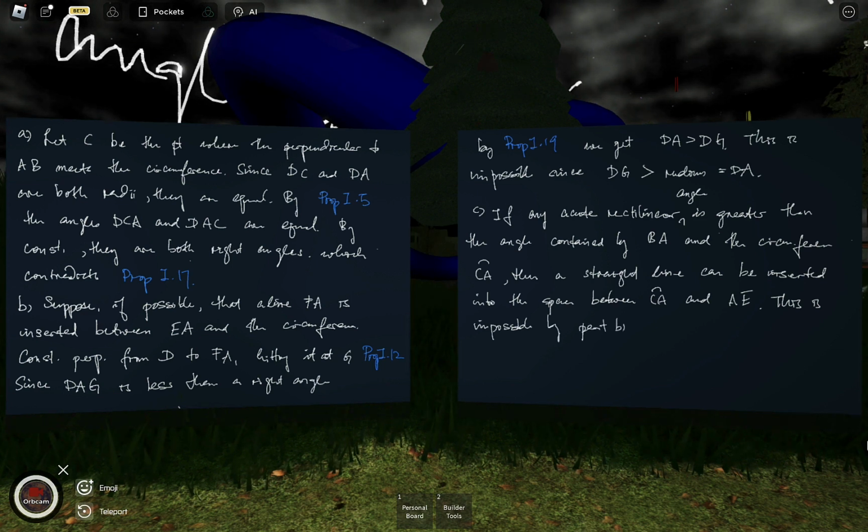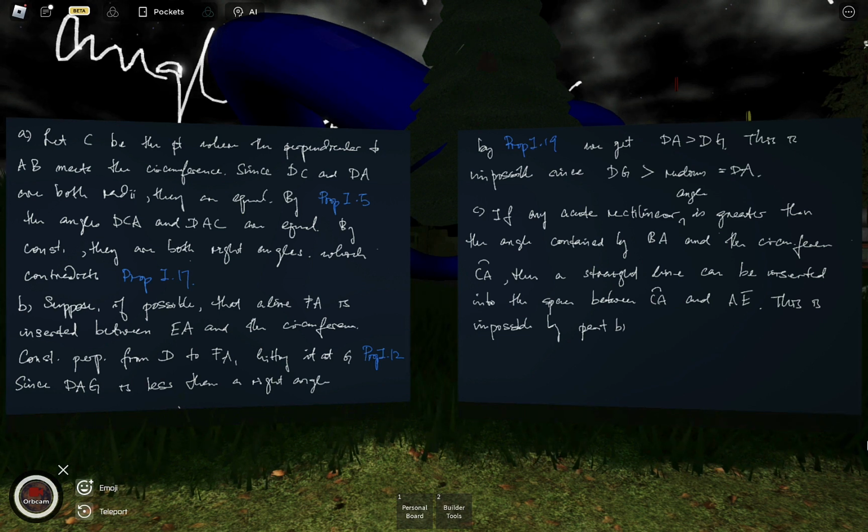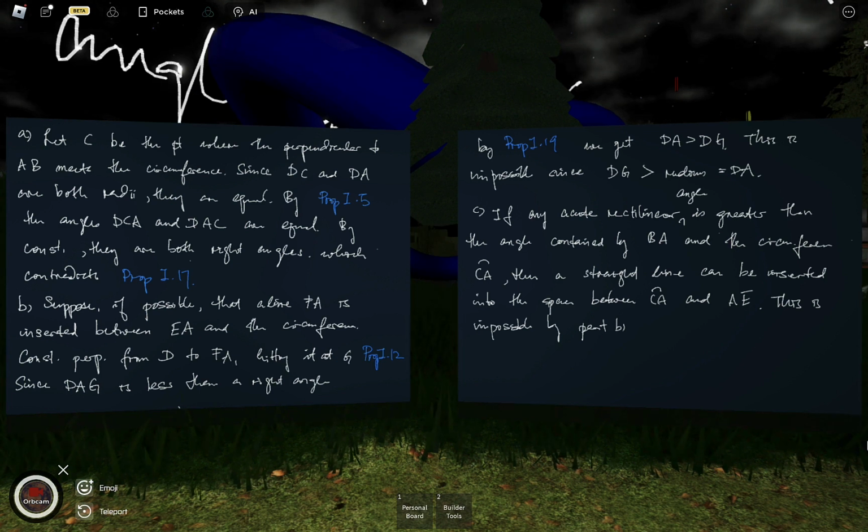I won't write down the next part, but there's a corresponding statement: if there's an acute angle less than the angle contained by the arc CA and AE, then again this just means that we can insert a line between the arc CA and AE, which is again impossible by the previous part.